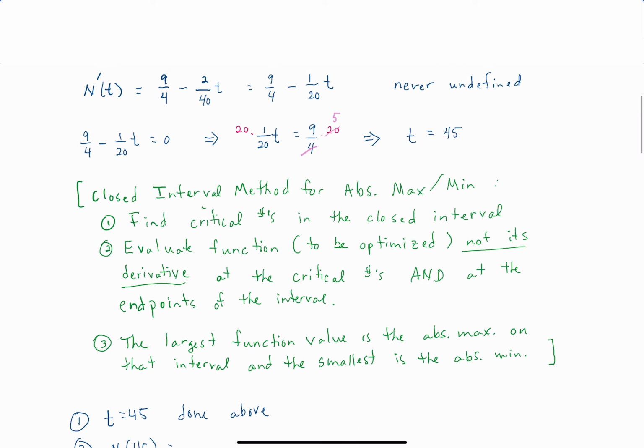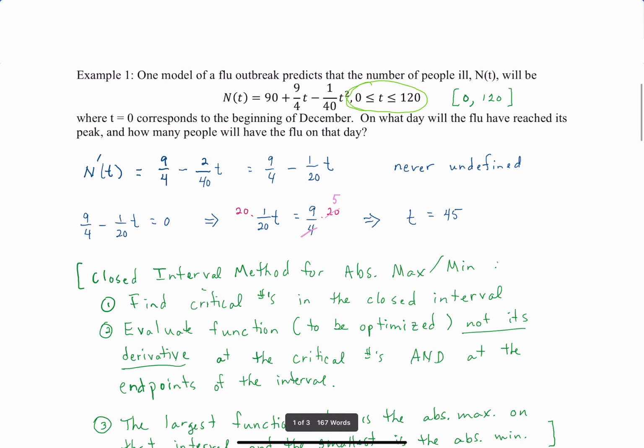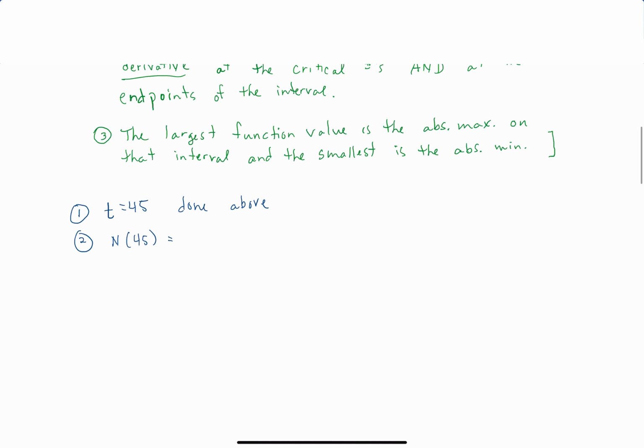N of t was 90 plus 9/4 t minus 1/40 t squared. And just go ahead and use a calculator for this. And I'm getting about 141 if you round off to the nearest person. I'm actually getting 140.625.